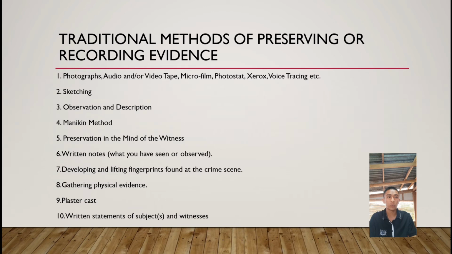Photograph is considered to be the most practical, useful, and reliable means of preservation due to the following reasons. So these are the reasons why it is reliable. Photo camera is available in many places. The object preserved is reduced in size in the picture proportionally with other objects on or near it.